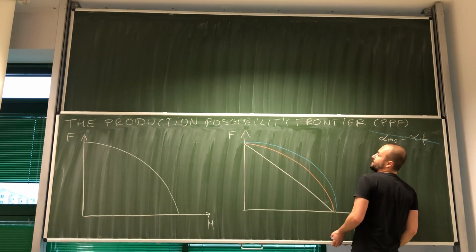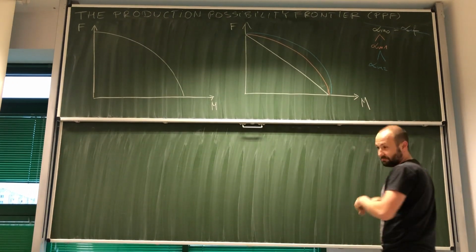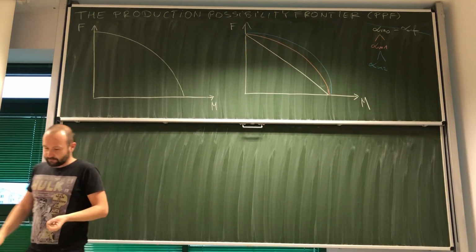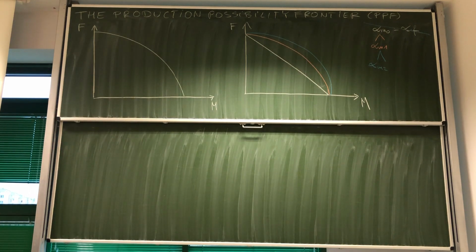Okay, so the next question that is of extreme importance to us is about the slope of the production possibility frontier.